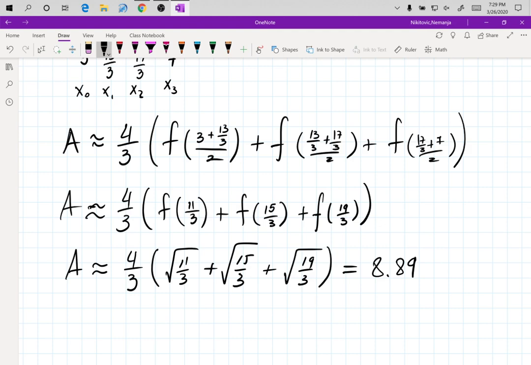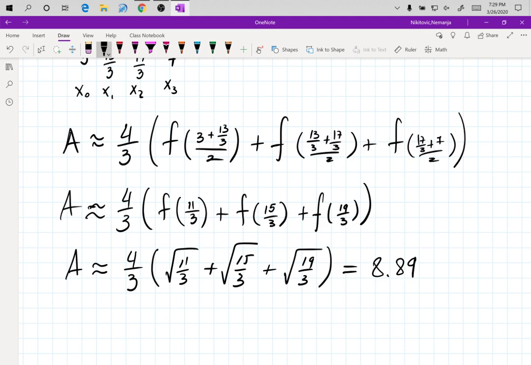Now, I'm going to jump to Wolfram Alpha, say integrate square root of x from 3 to 7.